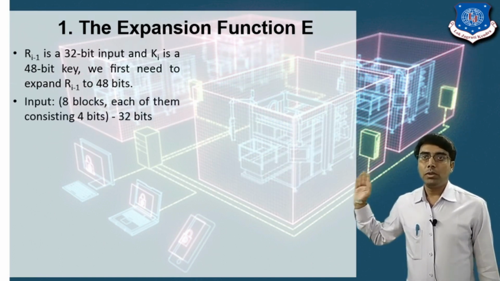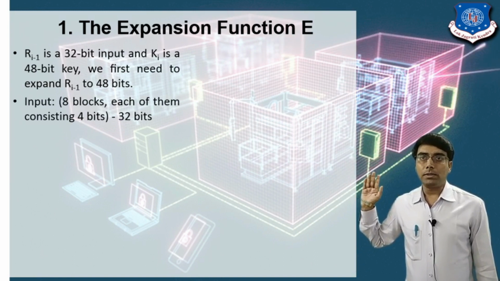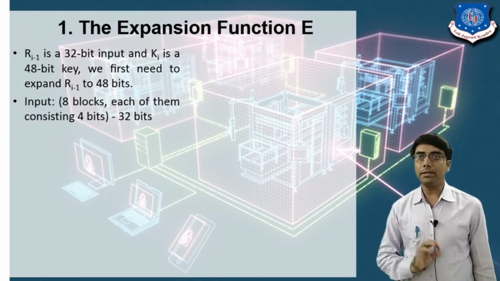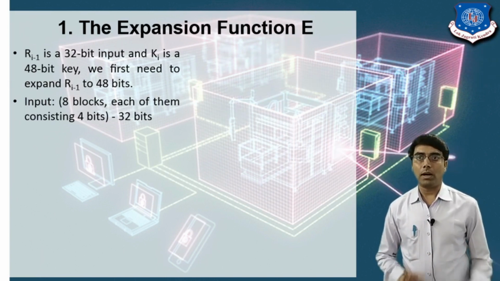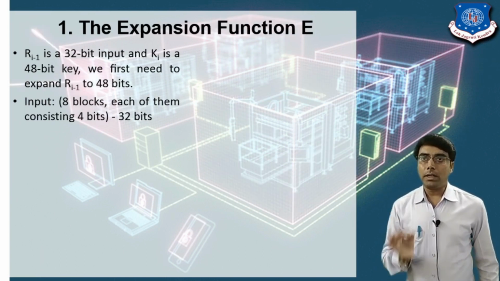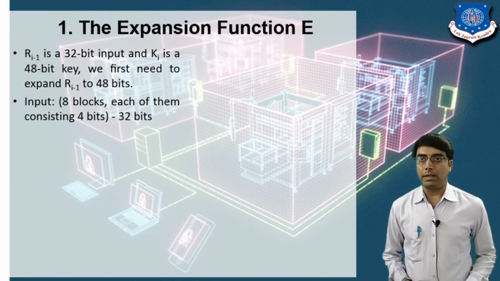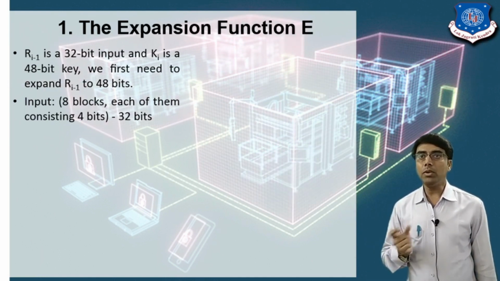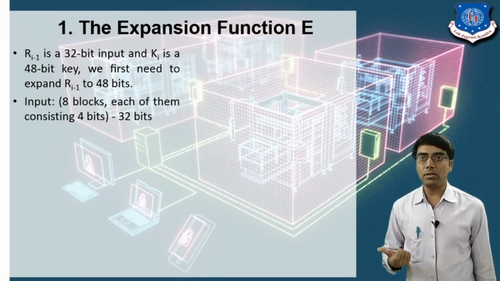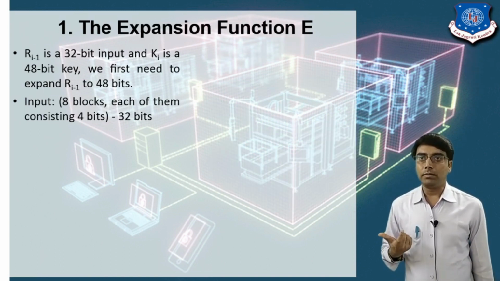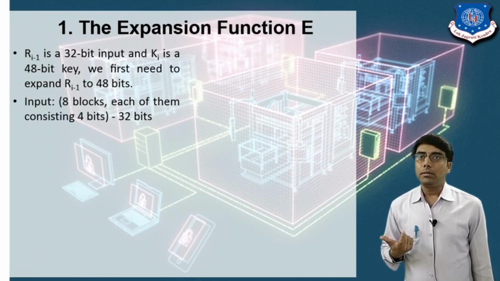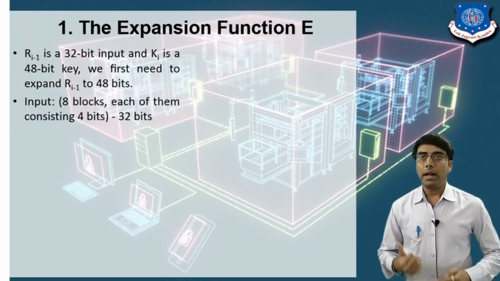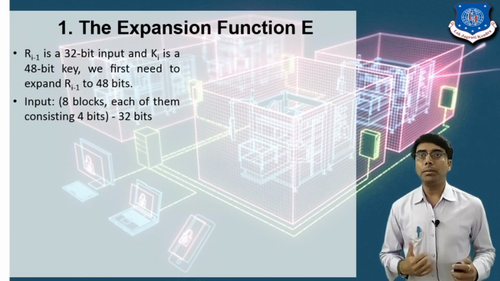As you know, the plain text size is 64-bit, and our right plain text is 32-bit. So now, if you divide this into 8 blocks, each block consists of 4 bits.